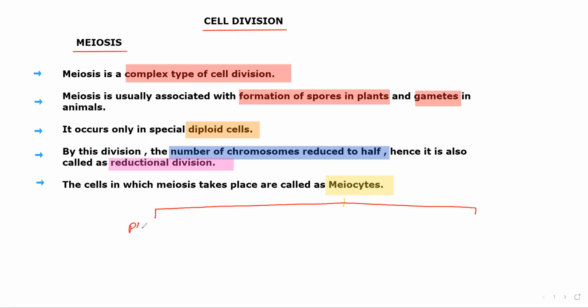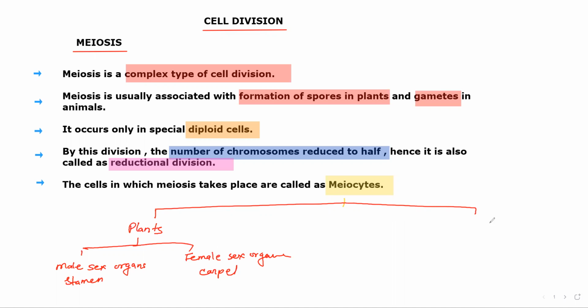In plants, there are male sex organs and female sex organs. The male sex organ in plants is the stamen, and the female sex organ is the carpel.